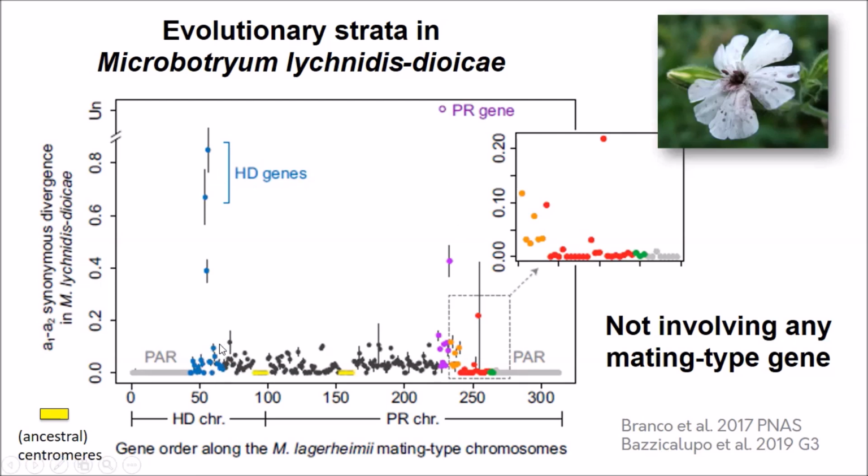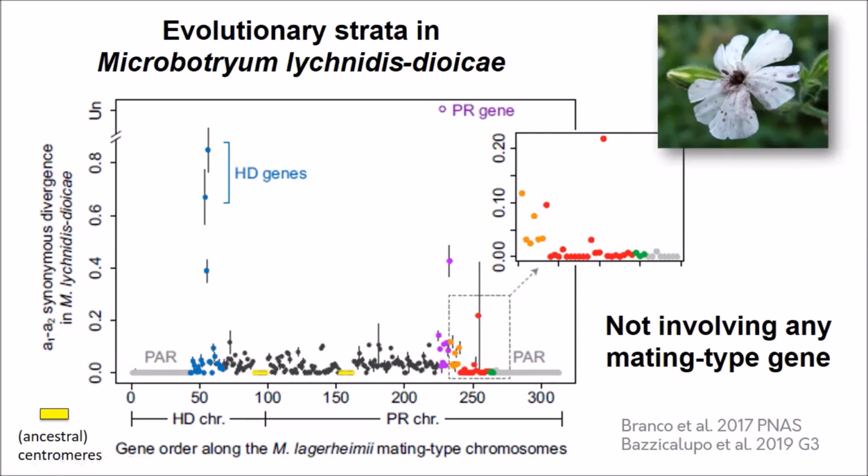And you can see that around each of the HD and PR genes, there are clusters of genes with high divergence, higher than between the two loci. And then when we go farther from the PR gene at right, there are different strata with different levels of differentiation. And so we separated these evolutionary strata with different colors.